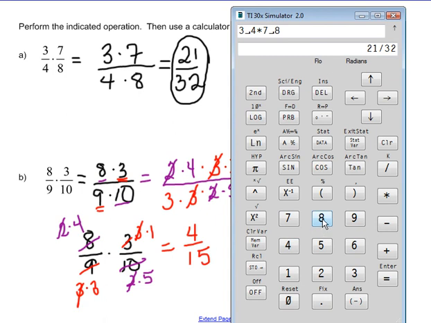For the other problem, let's clear this out, we have 8/9, so 8, fraction key 9, and that's being multiplied by 3/10, 3, fraction key 10, and when we press enter, we end up with 4/15, just as we did when we worked it by hand.